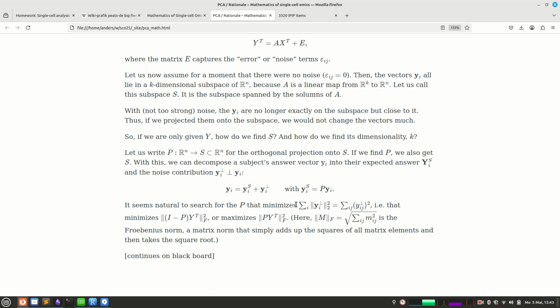And what I now do is I write out this square as follows: yi^T p_s, p_s^T yi.